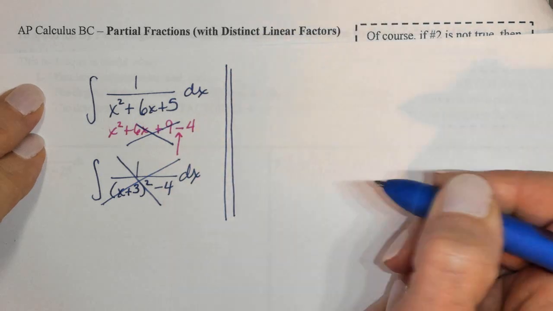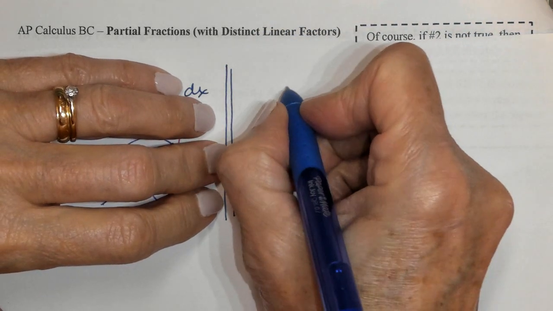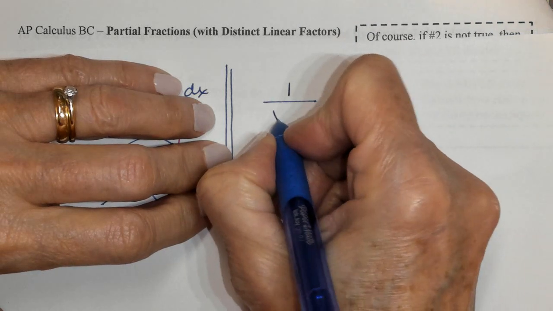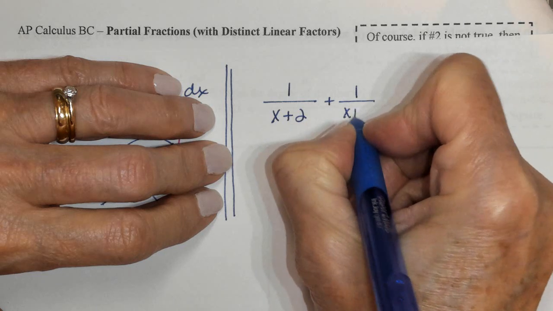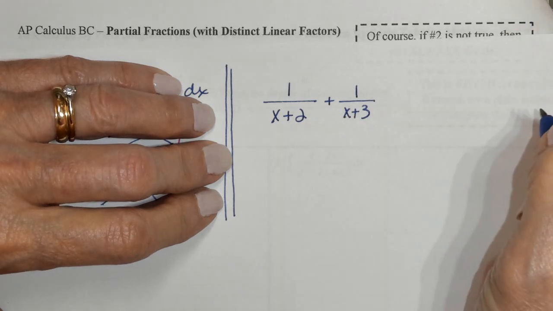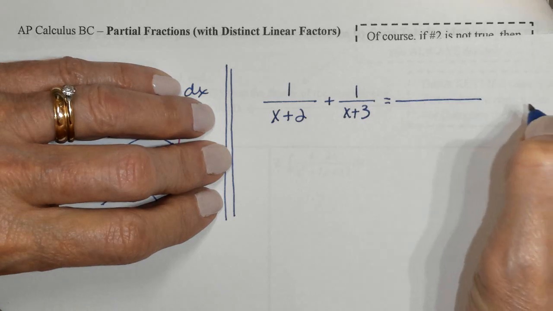So when we do partial fraction decomposition, here's what we're doing. What would you do to add these two fractions? What would you do to add those two fractions? To add those two fractions, you would get a common denominator, right?